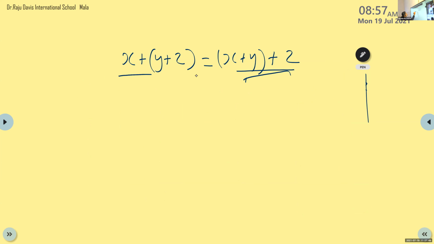In this first Boolean expression, the first term is x. Then what about the second term? Y. No, it is y + z. So the first term is x and the second term is y + z.